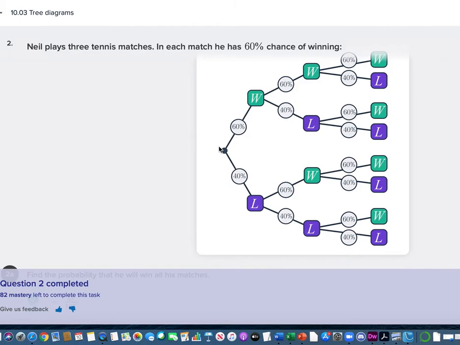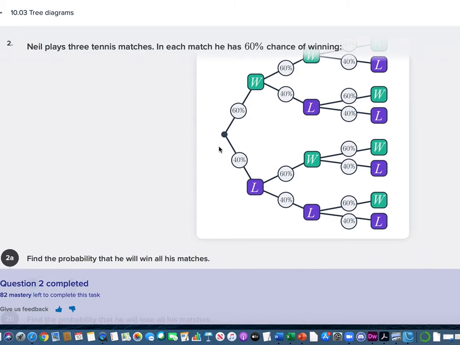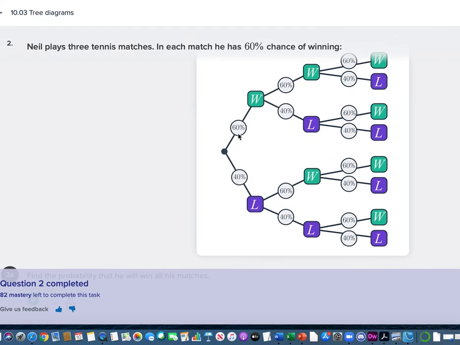And the first question's asking to find the probability that he will win all his matches. Pretty straightforward. So what we do is we look at the branch where it's win, win, win, and we have our probabilities of 3 over 5, 3 over 5, 3 over 5. Okay, so then we can either put in 0.6 to the power of 3, or 0.6 times 0.6 times 0.6 if we want a decimal answer.